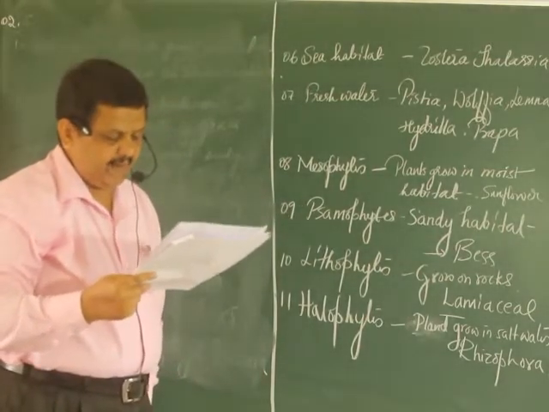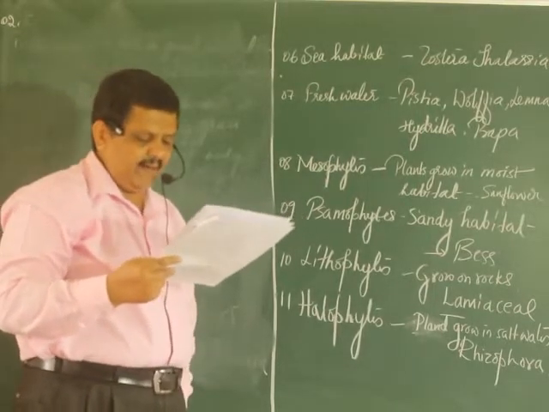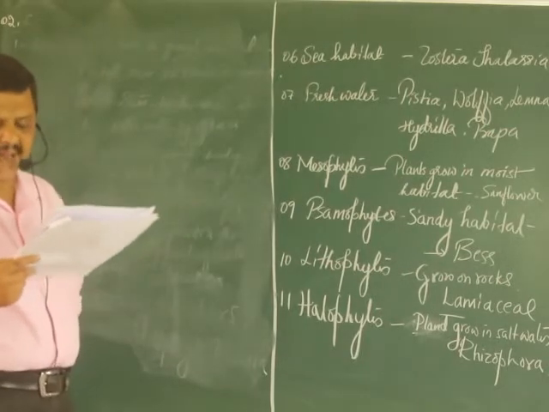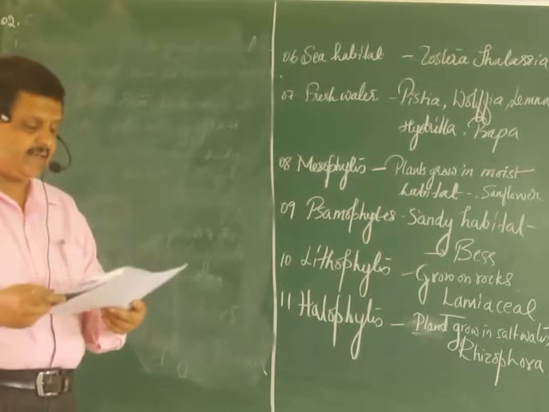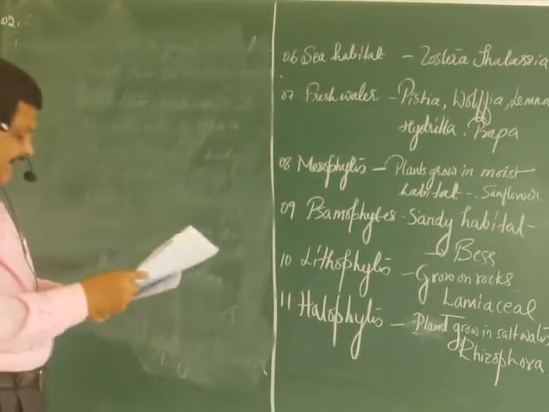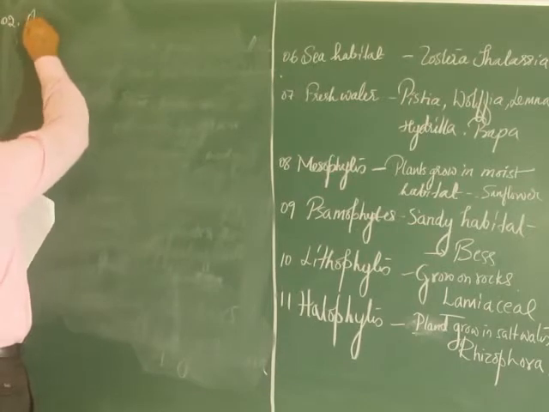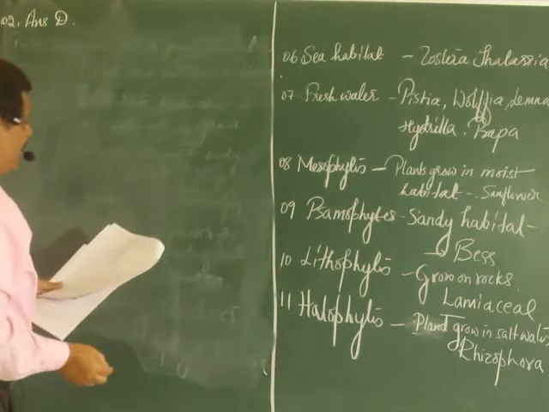Option B, they arise from the inner layer of the root. Option C, they arise from the pith. Option D, they arise from the pericycle. Why they are called endogenous? Option D, because the roots arise from pericycle.